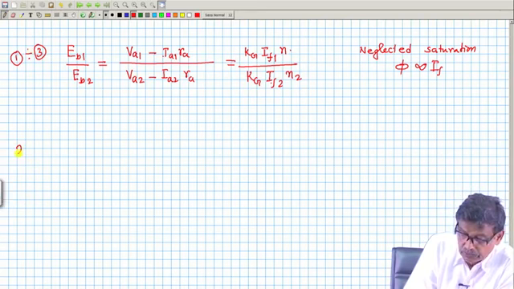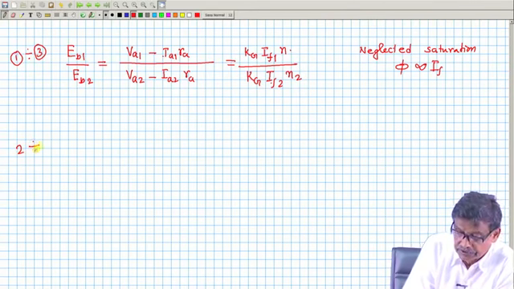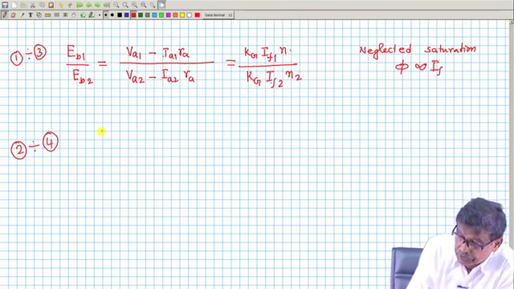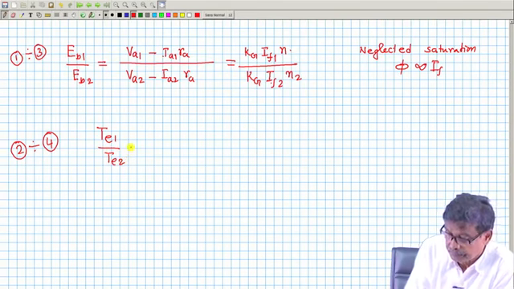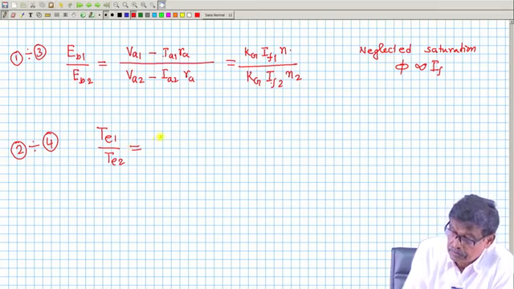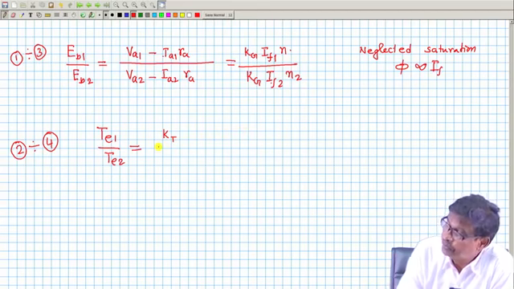Then divide equation 2 with 4. If you do this, you will get T1 by T2 is equal to Kt phi into Ia, phi is proportional to If.